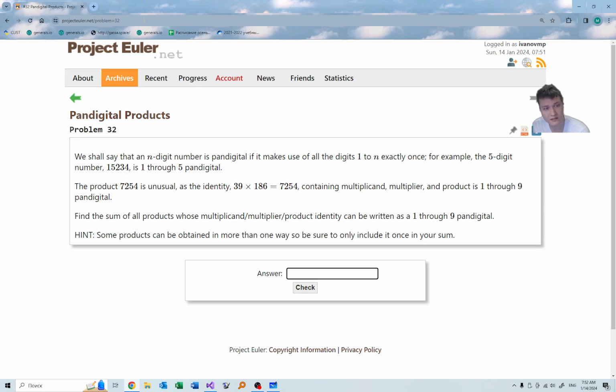Find the sum of all products whose multiplicand, multiplier, product identity can be written as 1 to 9 pandigital. Some products can be obtained in more than one way, so be sure to only include it once in your sum.